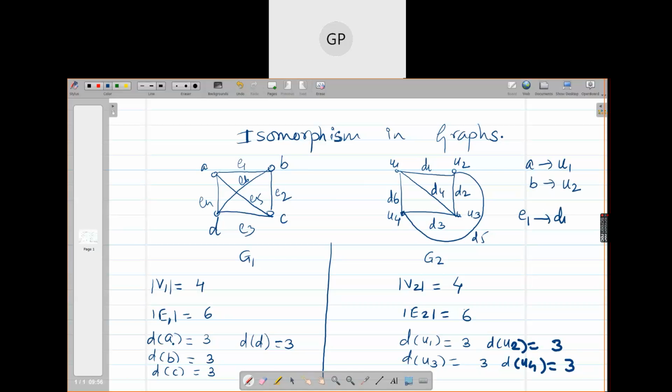The end vertices of E1 are A and B. So I am mapping A to U1 and B to U2. So naturally the edge E1 is mapped to the edge D1. Do you understand this? Yes, ma'am.